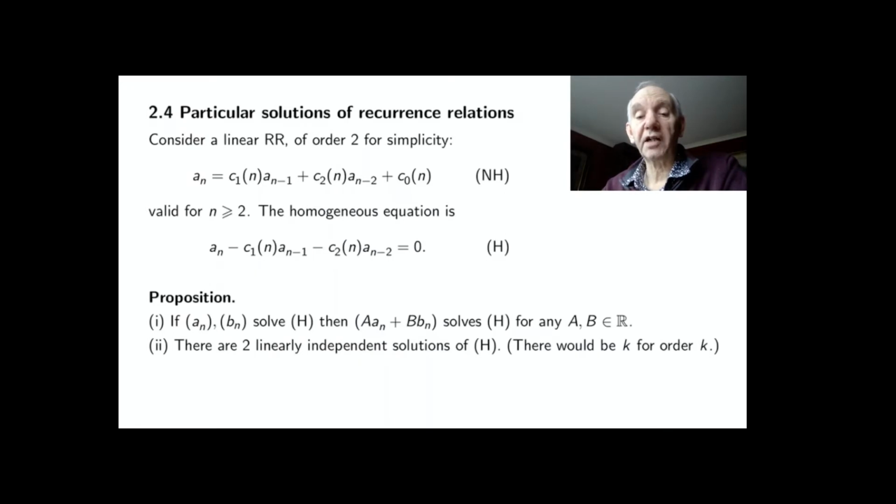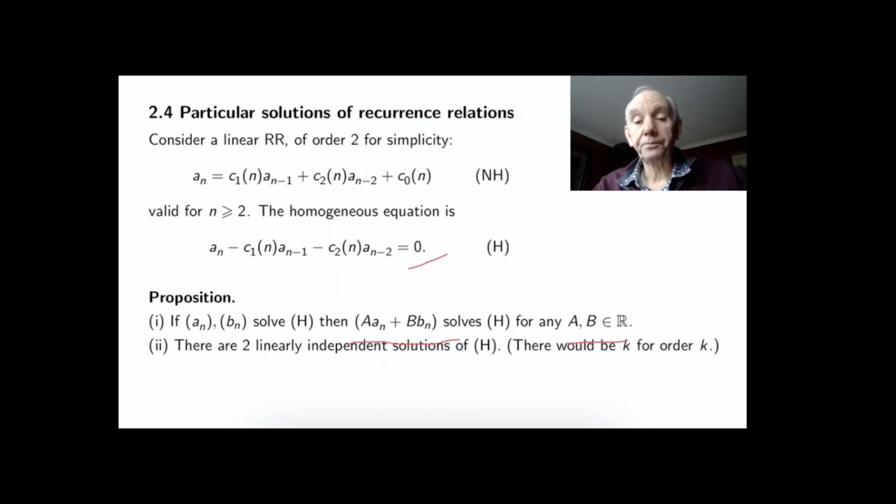Here are the first 2 facts. If we have 2 distinct solutions of the homogeneous equation, then because we have 0 on the right-hand side, we can take any linear combination of those solutions with constant coefficients, capital A and capital B, and that linear combination, written here as a sequence, will also solve the homogeneous equation.